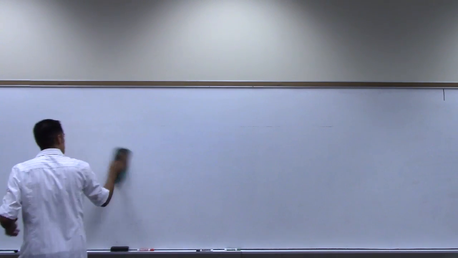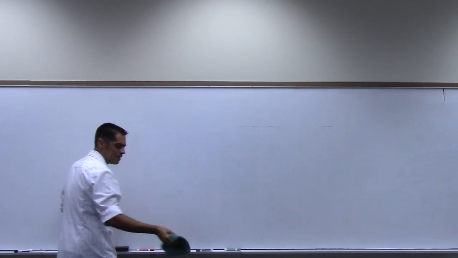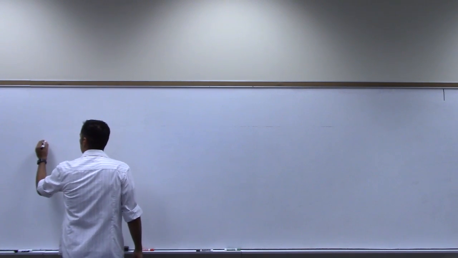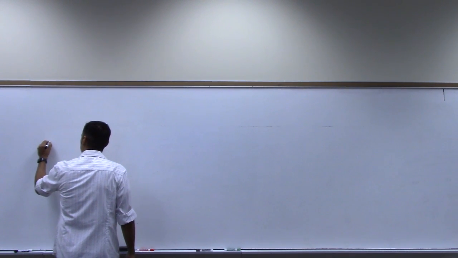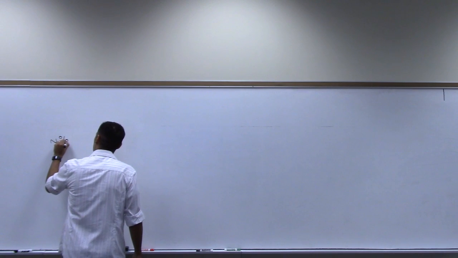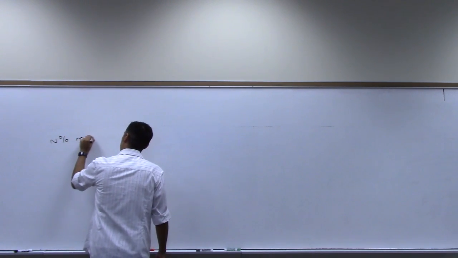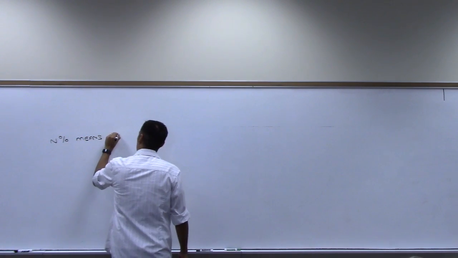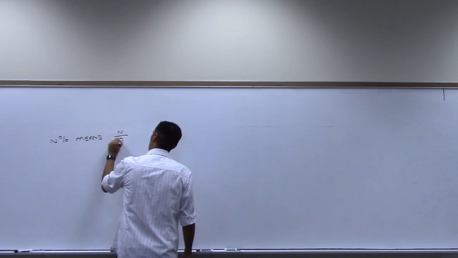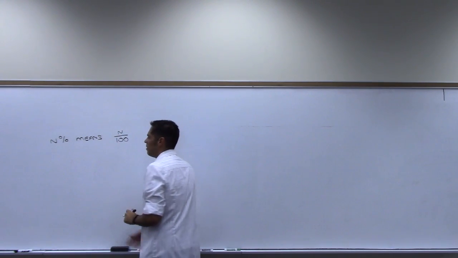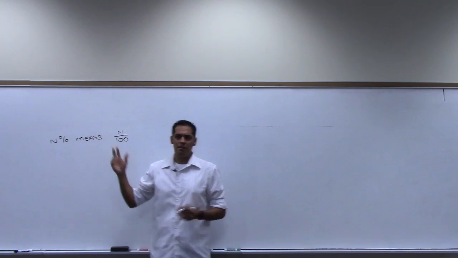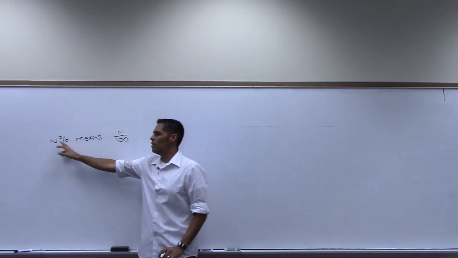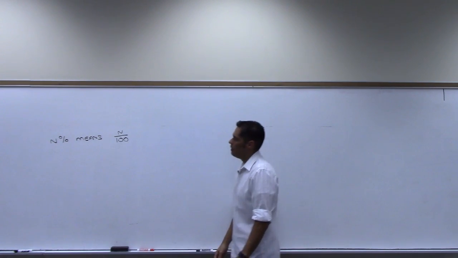All right, well, let's do percents. So we said last time, just a quick review, that if you say something like n%, it means n over 100, or n out of 100. I think I may have used x% last class, but it doesn't matter what you want to use as a variable here.